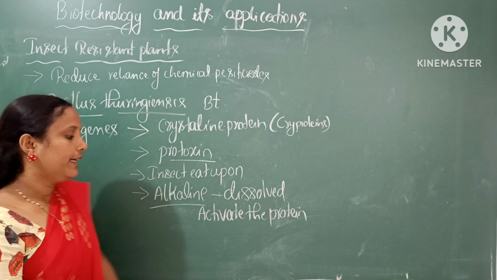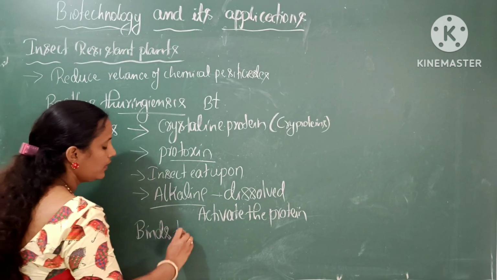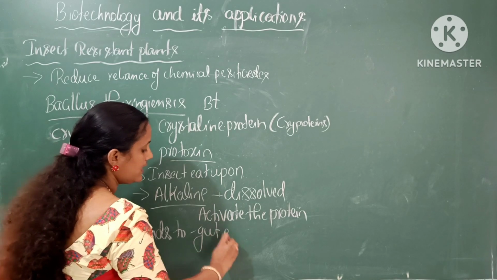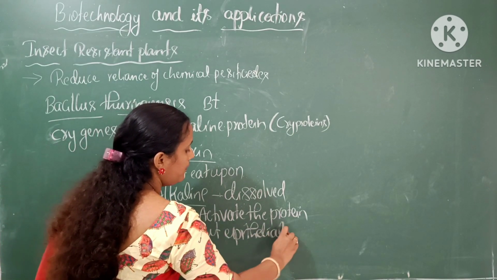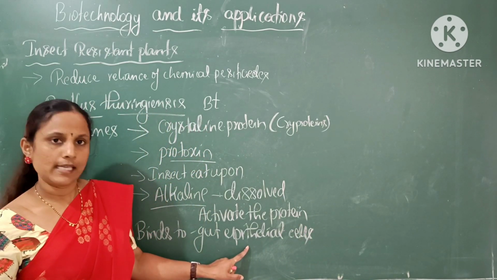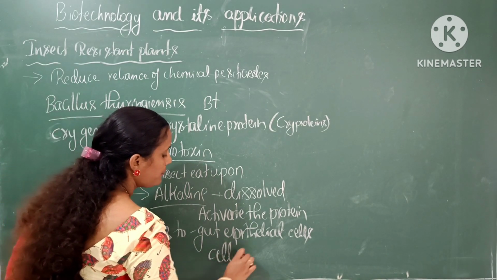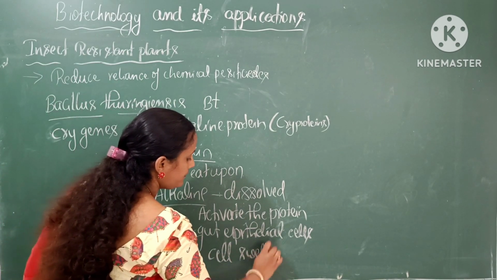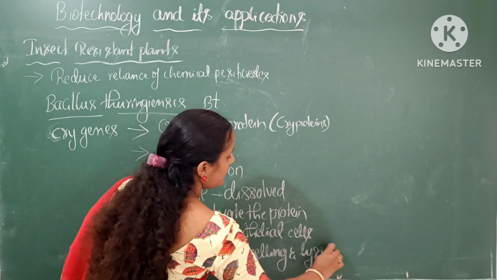When it gets activated, it binds to the gut epithelial cells of the insect and it causes cell swelling and lysis.